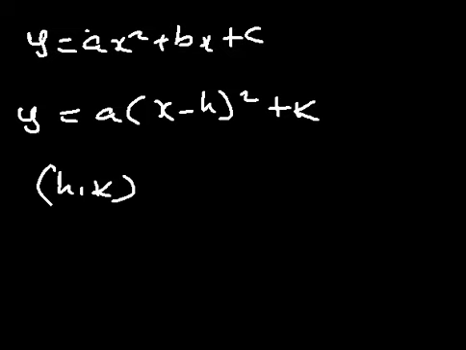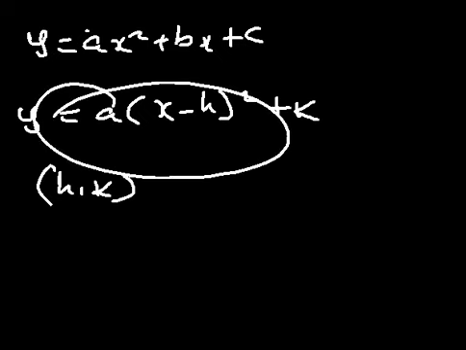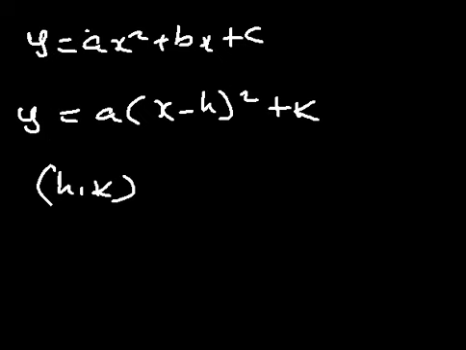How can you obtain the intercepts of the graph? The y-intercept is obtained upon having x is equal to 0.